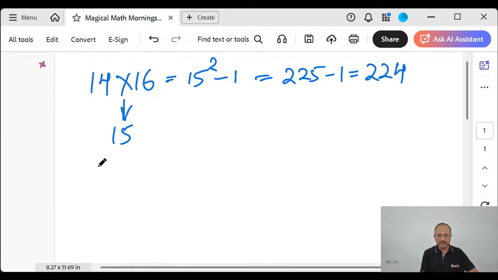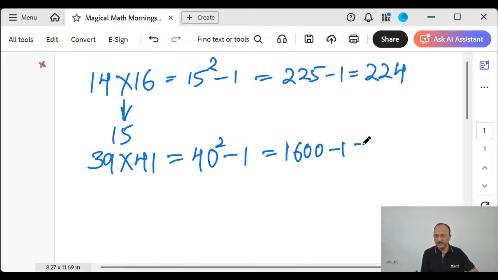Suppose you want 39 into 41. What is the middle number? 40. 40 square minus 1 you do. 40 square is 1600 minus 1. That is 1599 is the answer. Is it very simple? Yes, absolutely very simple.